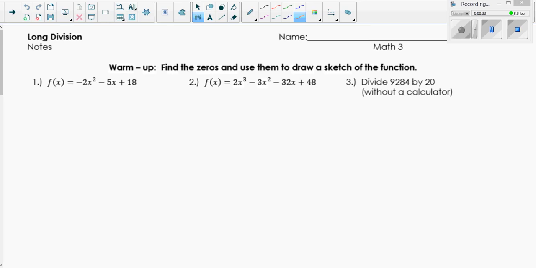Alright, so let's check your answer for number 1. First, factor out a negative. This has to be a 2x and an x. This is a 9 and a 2.